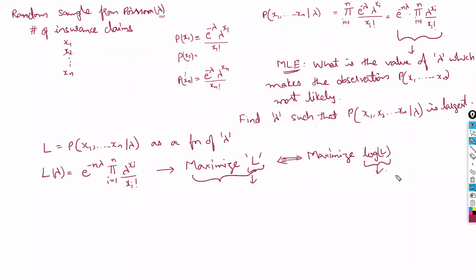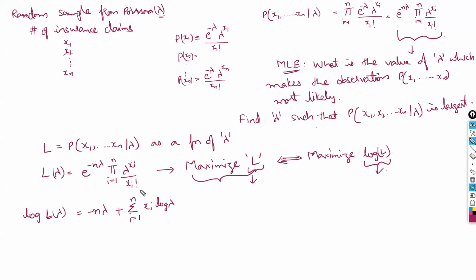Okay, next. I'll talk about a few more transformations at a later point of time, but if you take log of L, what happens is log and exponential get cancelled. You get minus n lambda plus product will become summation basically, i equal to 1 until n xi into log of lambda.